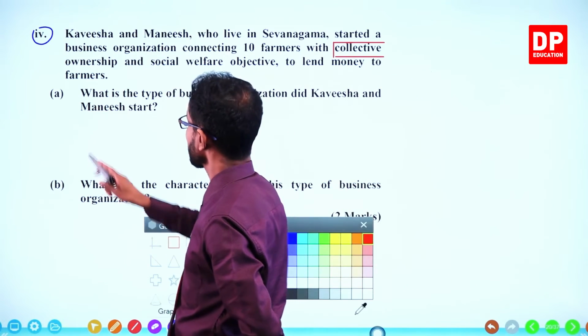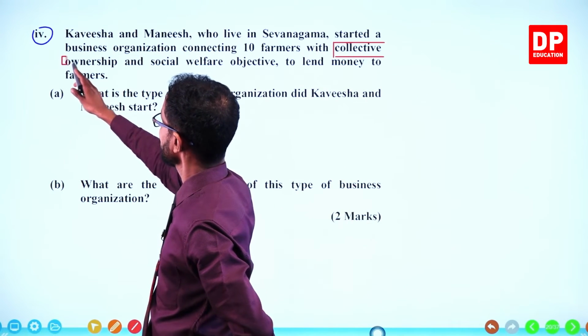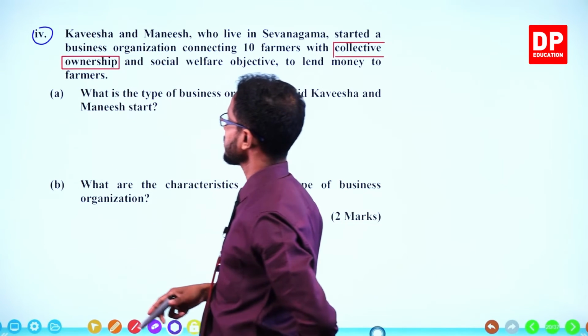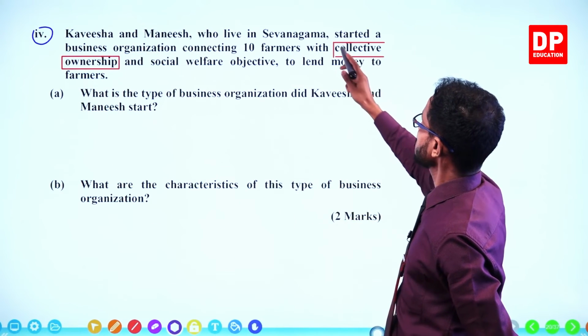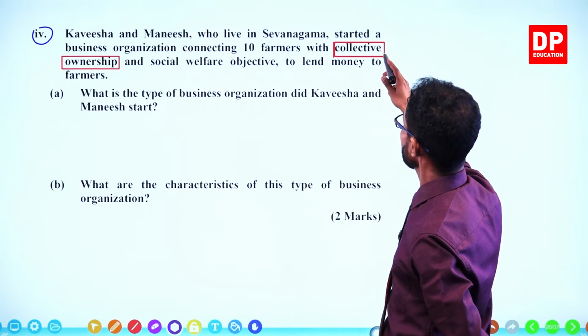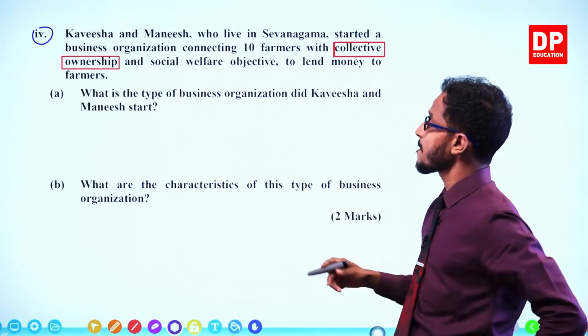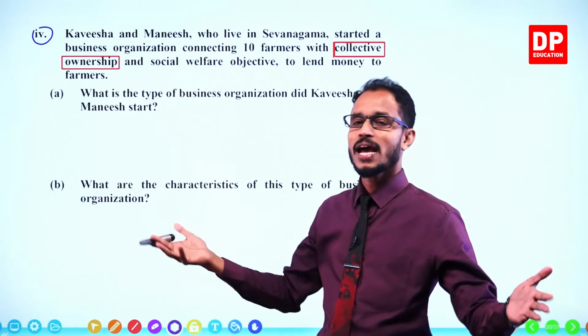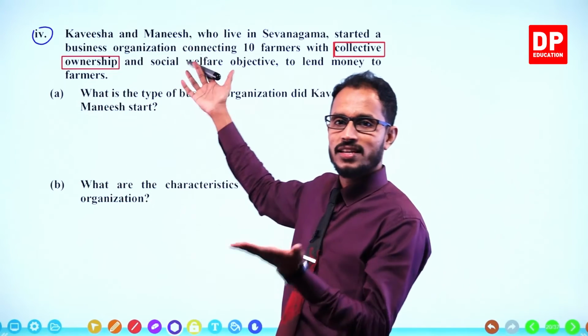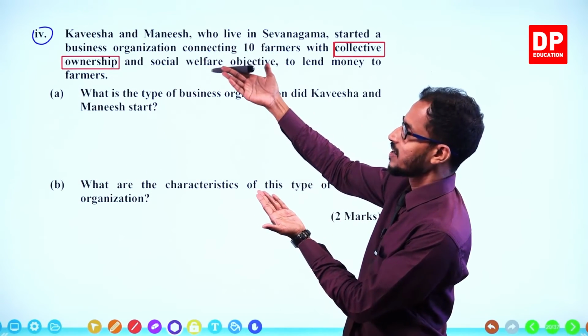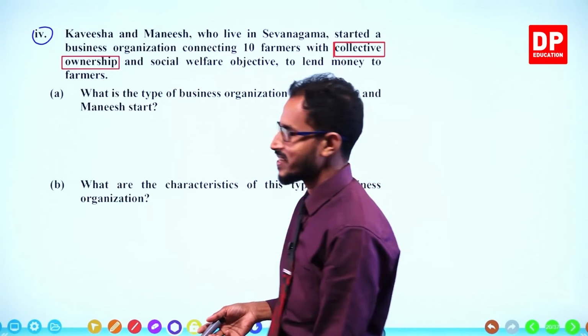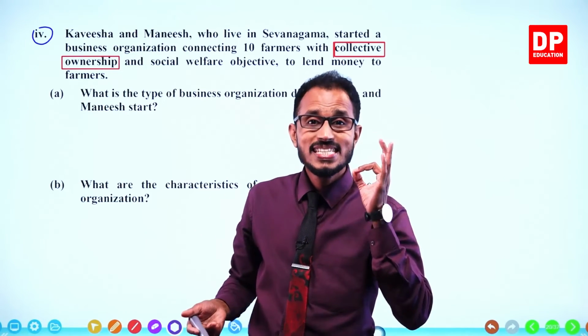Collective ownership. What type of a business are they talking about here? It's a cooperative. Just notice these keywords.